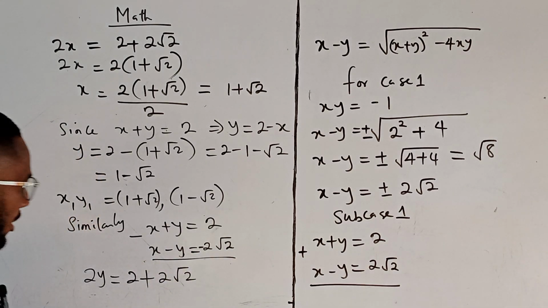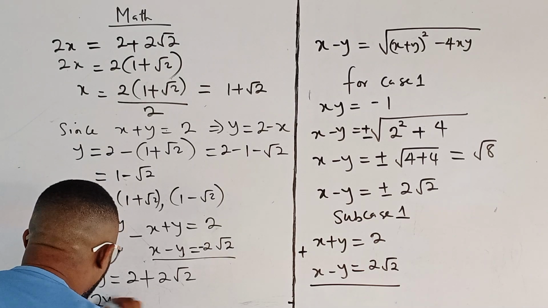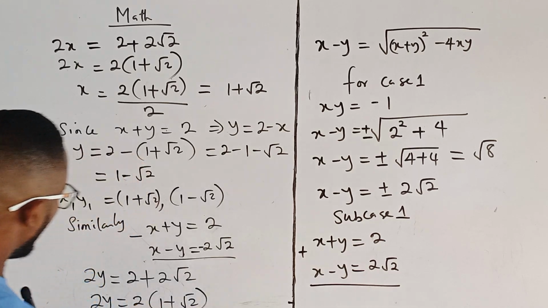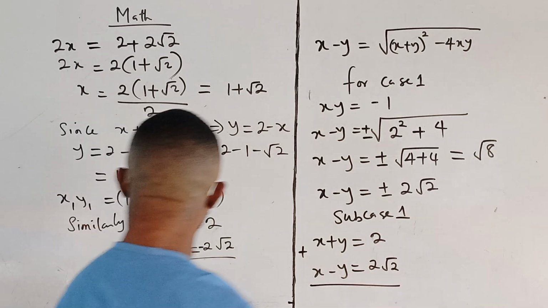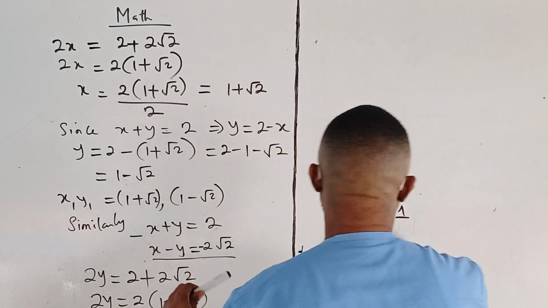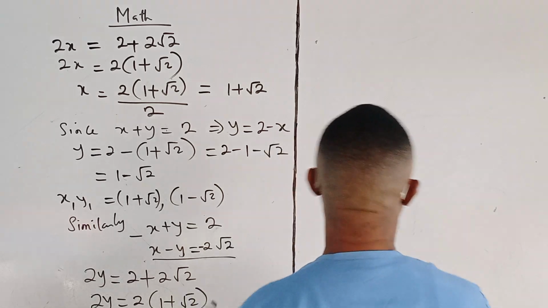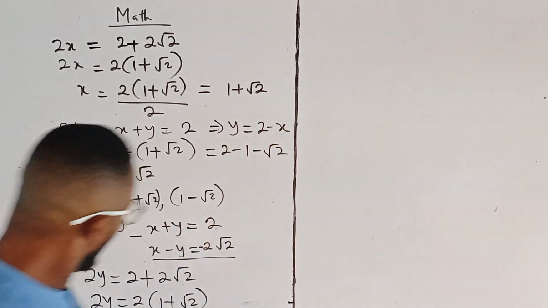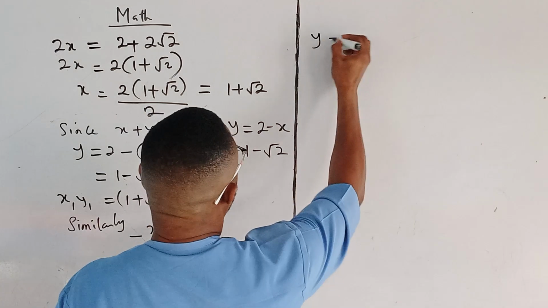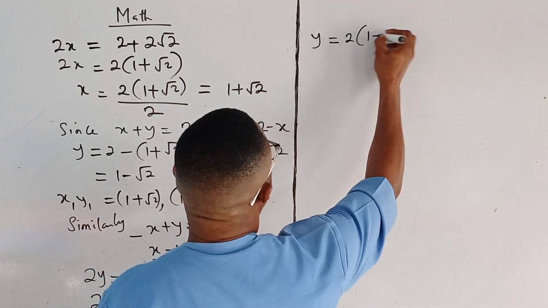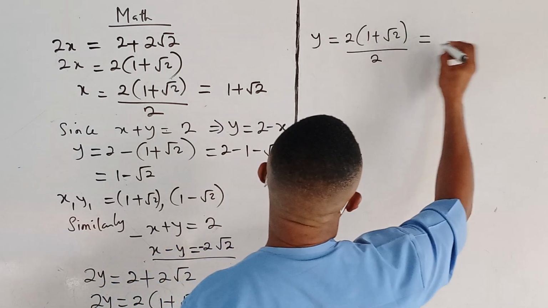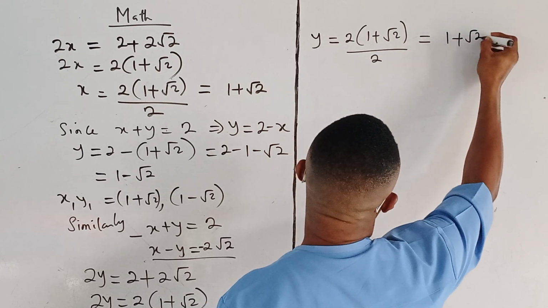So I can also factorize this. 2y equal to 2 into 1 plus rad 2. This will actually give us the second solution set for x and y. So y is going to be 2 into 1 plus rad 2 divided by 2. And this will give us 1 plus rad 2.